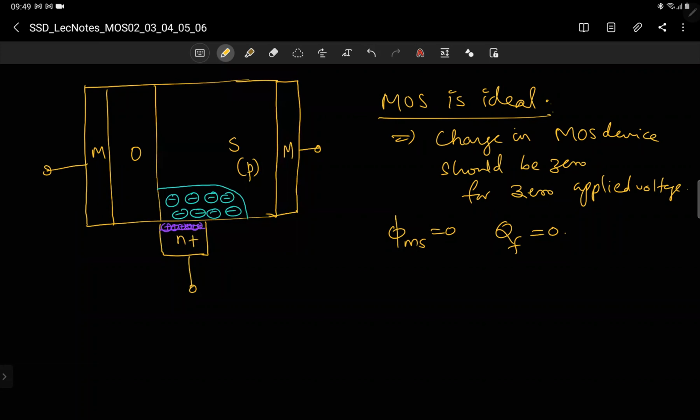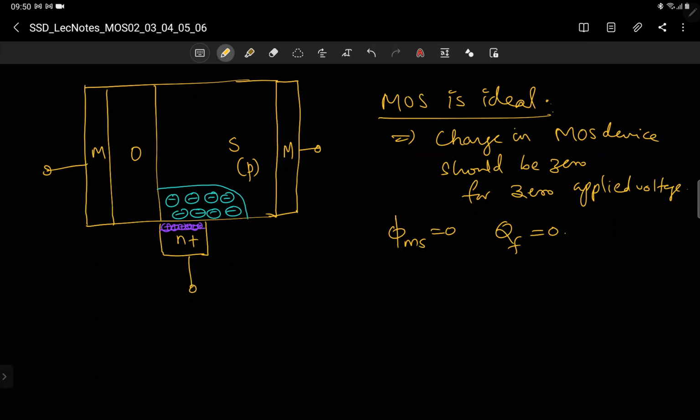Okay, so let us see now what happens when you apply voltage. This is one particular case, and what we want to study is not when this N plus is at 0, but when N plus has some voltage, because after all you are making a contact to the inversion layer and you are going to bias it so that current will flow across the inversion layer.